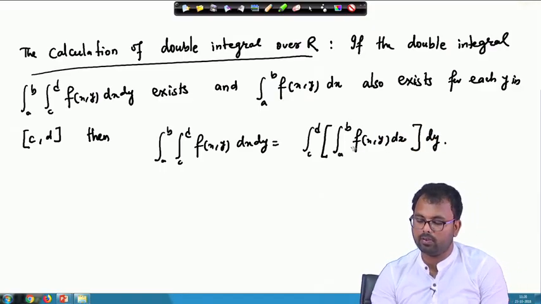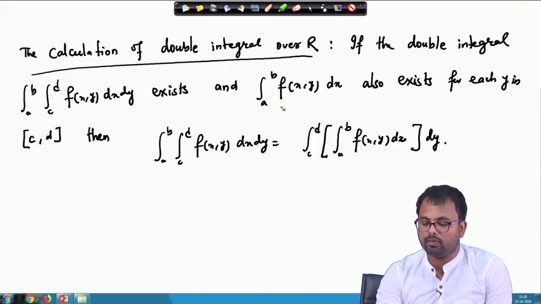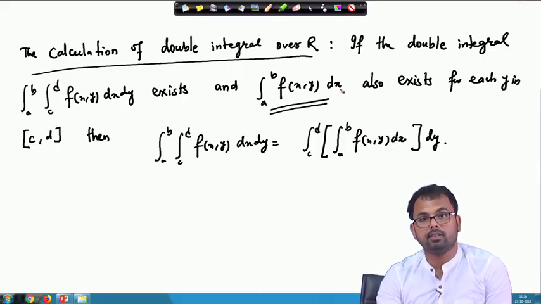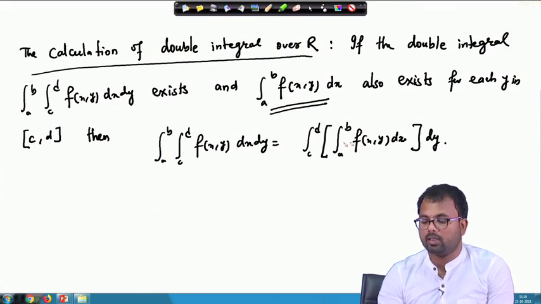Which means that if for every y the integration with respect to x exists, then in that case we can evaluate this double integral.